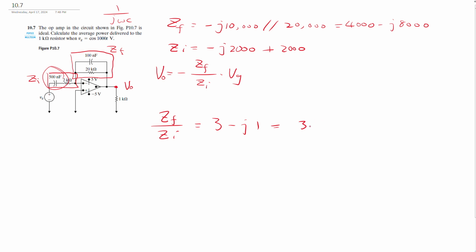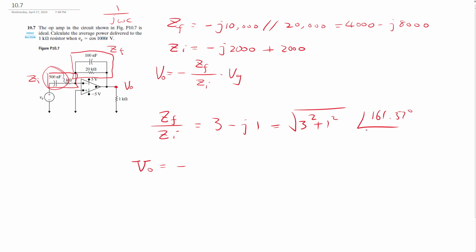It's 3 squared plus 1 squared, square root, which is actually the square root of 10, with an angle of 100-something degrees. So the output voltage V0 here is the negative of that one.